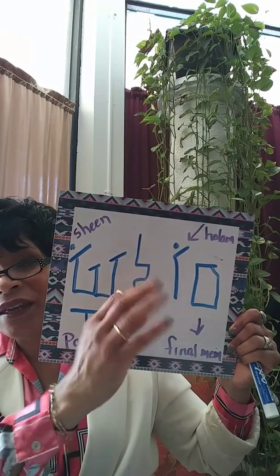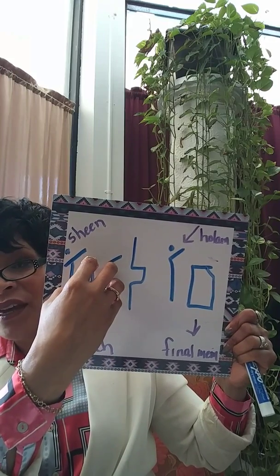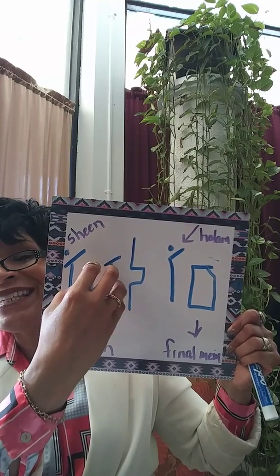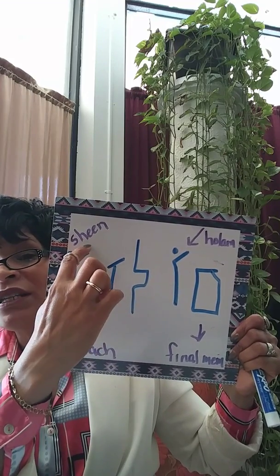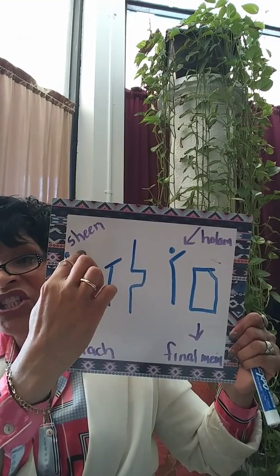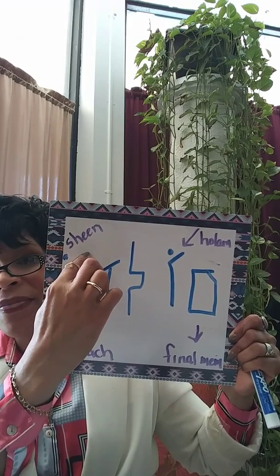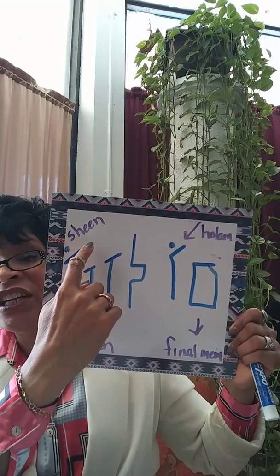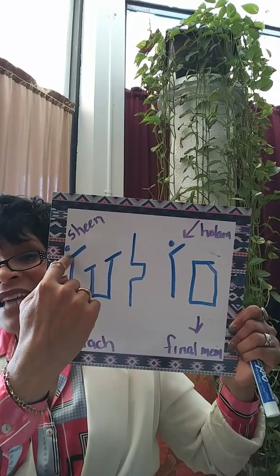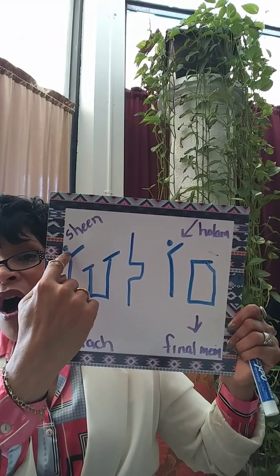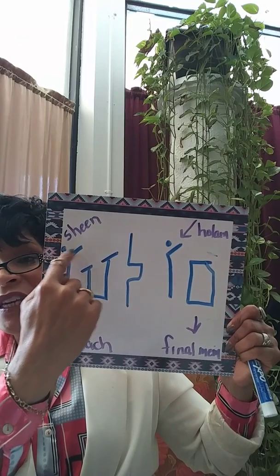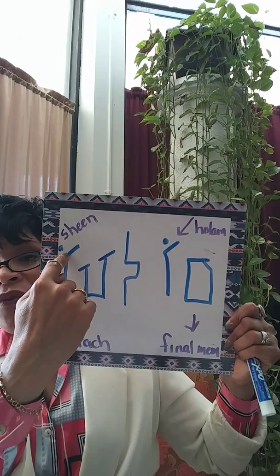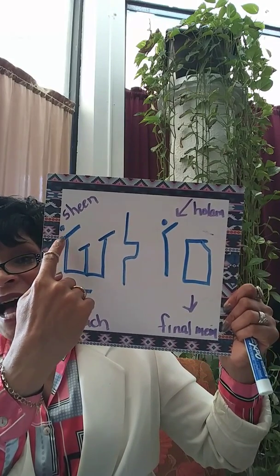Take your time. So we have a sheen. When you say a Hebrew word, we don't want to say sheen, but we want to say the first sound of the sheen. Sh. What lets us know this is a sh sound is the dot to the far right. If it was over here, it'd be an S sound. To the far right, the dot.